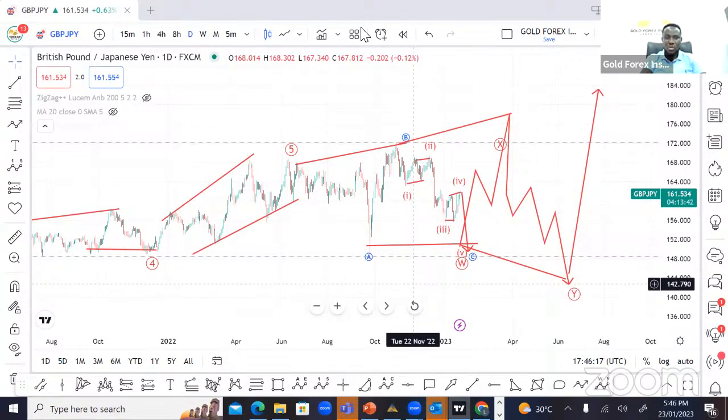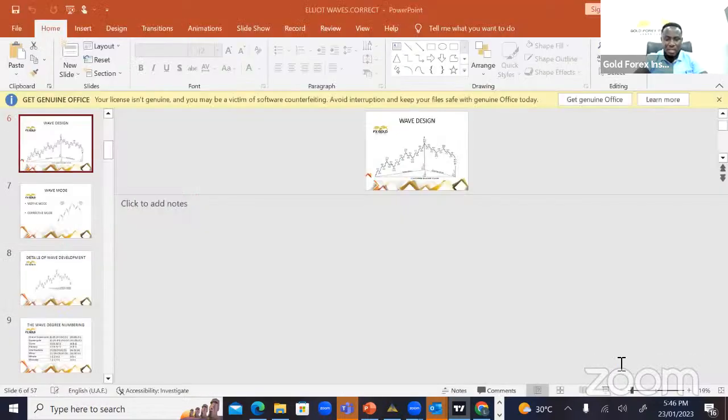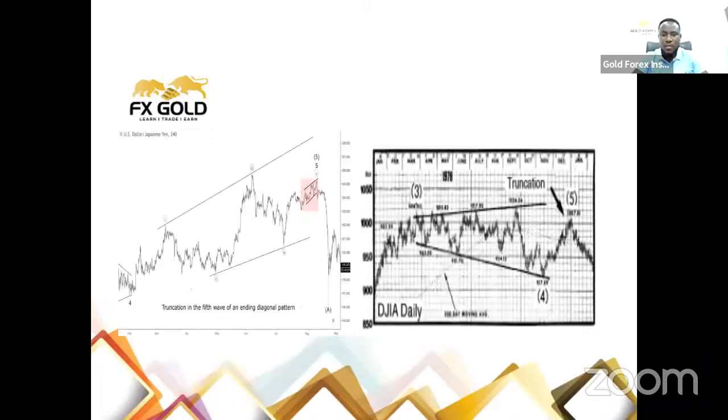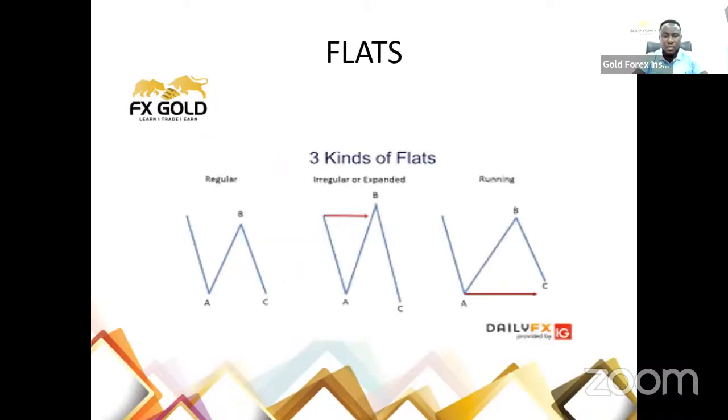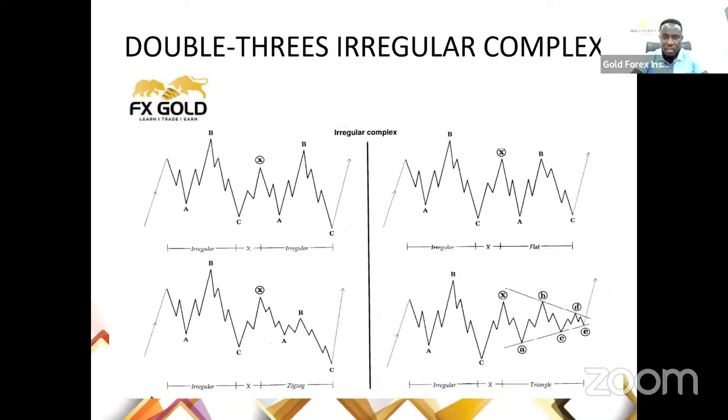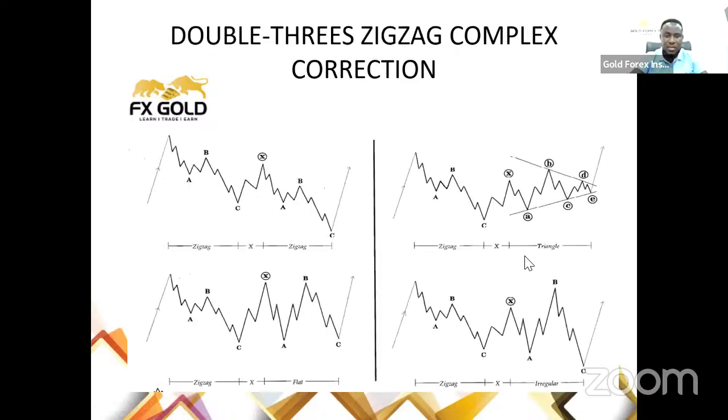Now let me show you on the chart, in the course, what I mean by the irregulars. These are the triple threes, but I want to get the irregulars. Irregular complex.